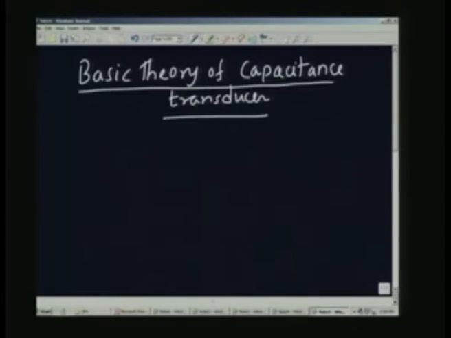So, for example, if I take a parallel plate capacitor, you have two plates parallel to each other, and in fact I will indicate a few other things now.